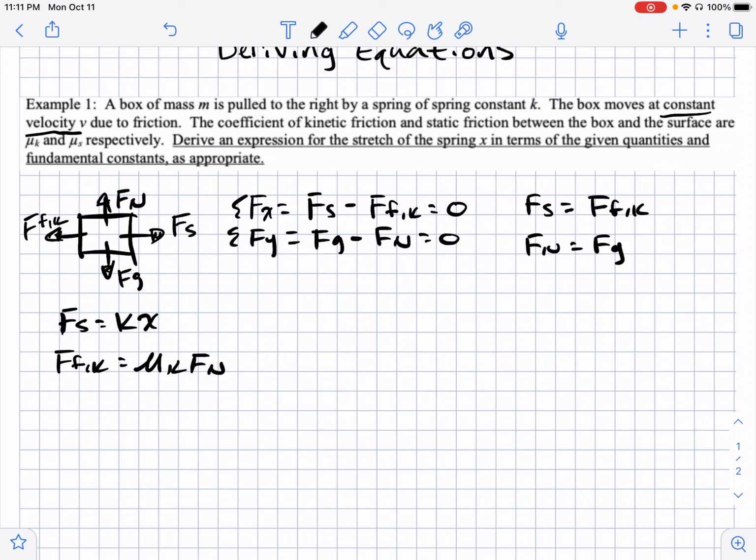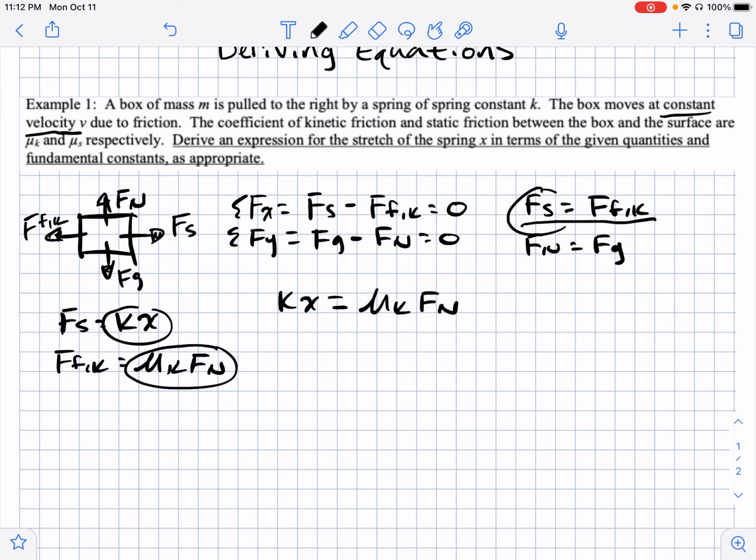Based off of this, we can set those two equal to each other, which gives me kx is equal to mu k times the normal force. All we've done here is substitute kx for the force of the spring and mu k Fn for the kinetic friction. So we did a substitution there.